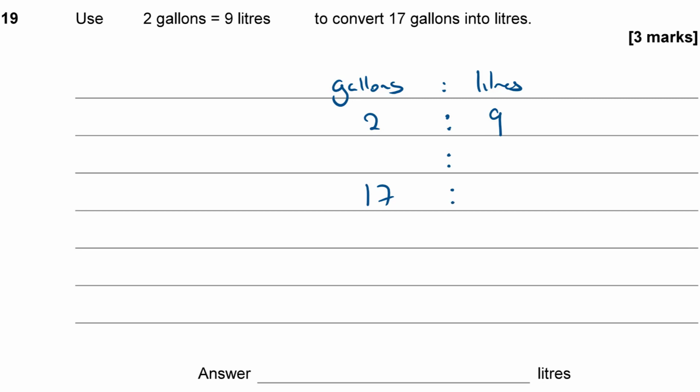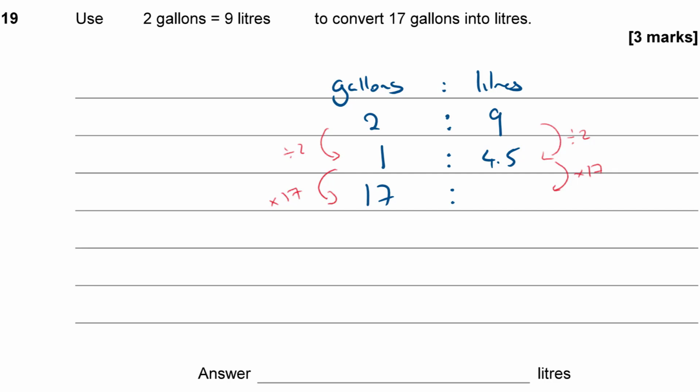We can try using the unitary method. We can say, well, if 2 gallons is 9 litres, then 1 gallon I can get by dividing that by 2, and dividing 9 by 2, I'm going to get 4.5, aren't I? So 1 gallon is equivalent to 4.5 litres. So then if I want to work out what 17 gallons are, I can times that by 17. So times 4.5 by 17, what do I get?